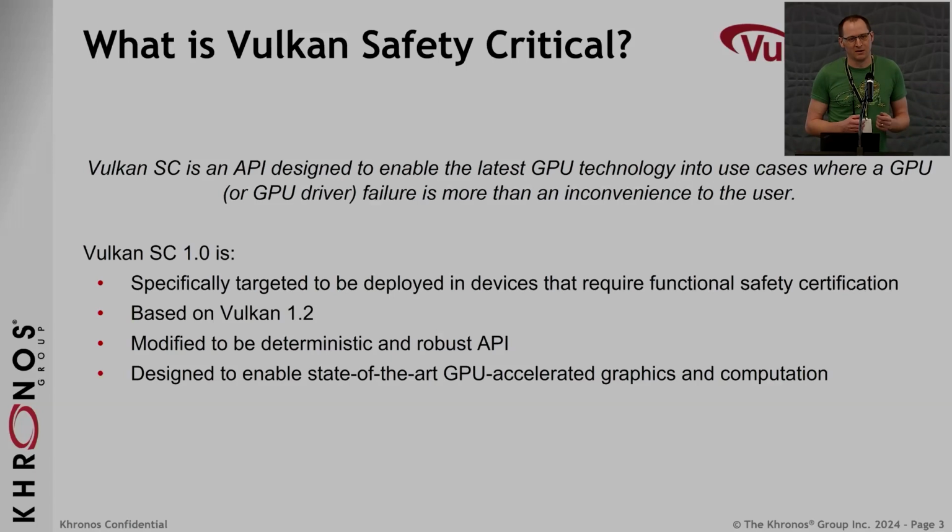It's where if it fails, it glitches, you get the wrong results, it crashes, someone might get hurt. Someone might die. Something very expensive might happen. And so we've taken Vulkan and redesigned bits to make it applicable to that.